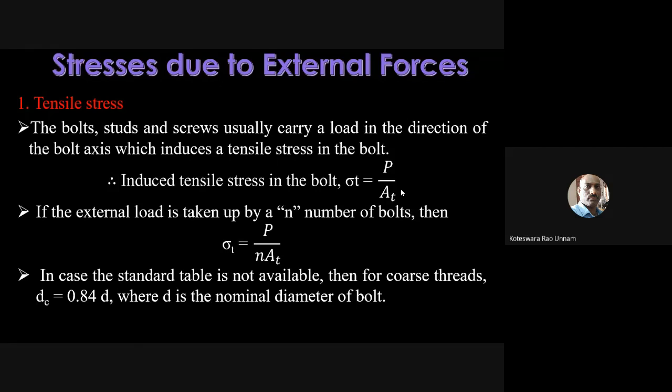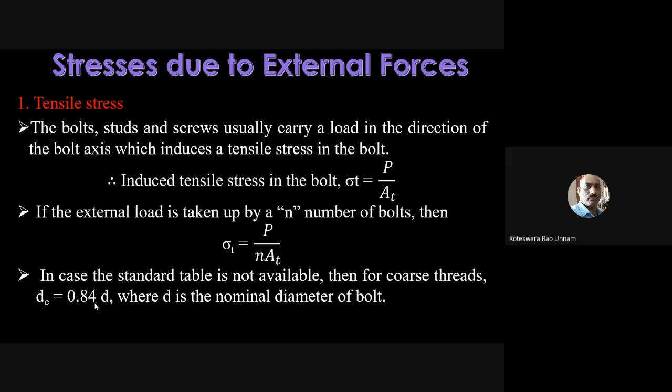But in some cases you want to design the bolt, that means you need to determine the nominal diameter of the bolt. In that case D is unknown to you. If D is unknown, you cannot pick the AT value from the data book. So in that case, you need to use this relation, that is DC is equal to 0.84 D. Using this relation you can calculate the diameter also.